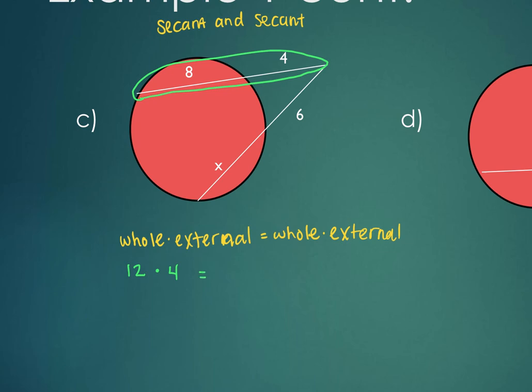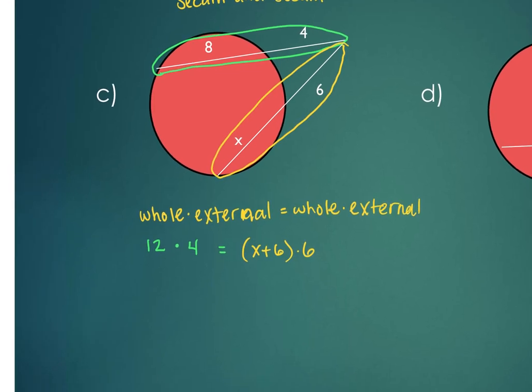equals, let's take a look at the second one. Now, be careful here. What's the length of the entire segment? X plus 6. And what's the length of just the external part? Just 6. So we multiply it by 6. If we multiply this out, we're going to get 48 equals 6x plus 36.